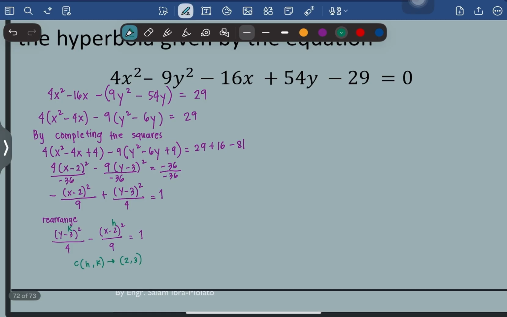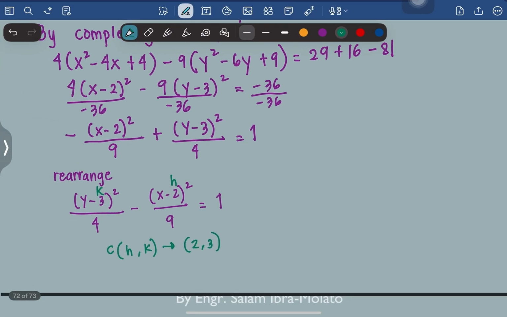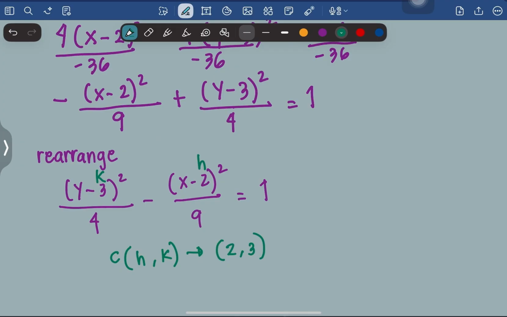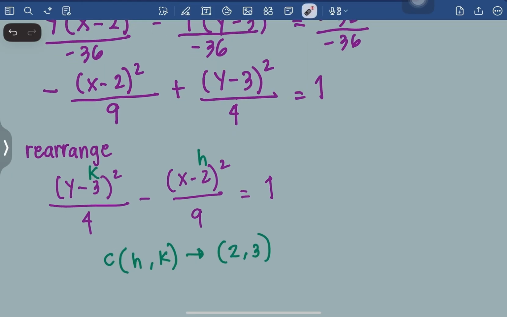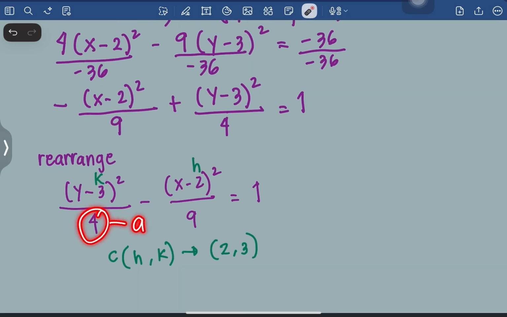Then, for distance A, it does not necessarily mean that it is the longer length. So, kung nasan po yung positive term, nandyan yung A. No? So, sa standard form natin, this is the A squared, while this one, yung negative term, that is the B squared.